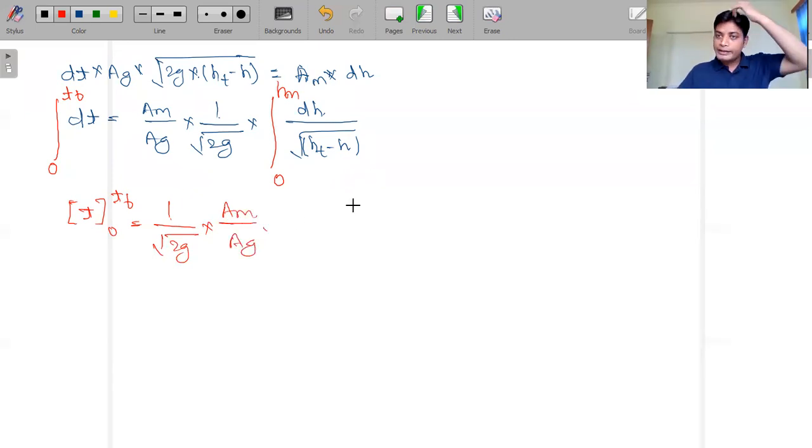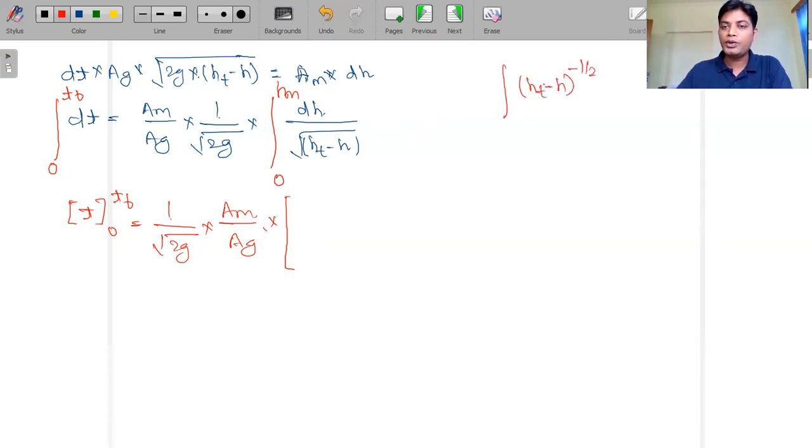Now guys, I hope all of you are good in mathematics. This is a simple integration, of the form root of (a minus x). When you integrate it, I can simply write this as (ht minus h) raised to minus 1 by 2 into dh.